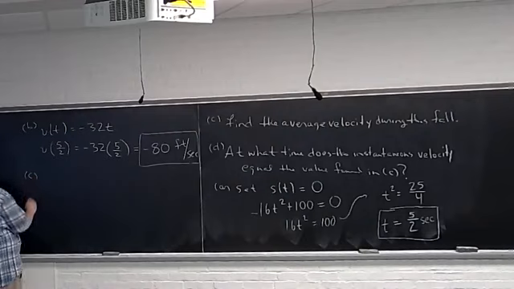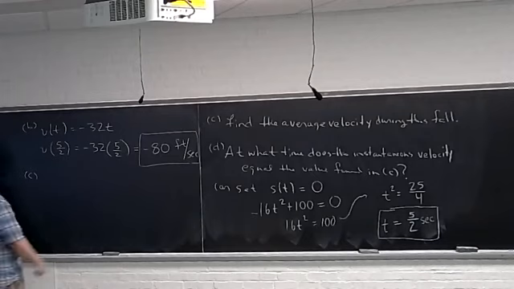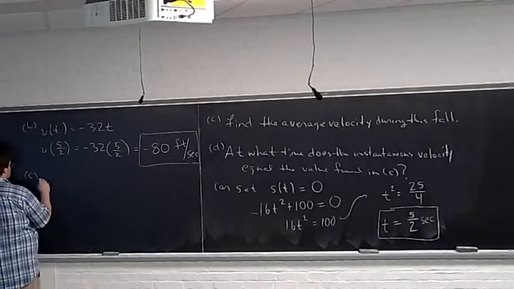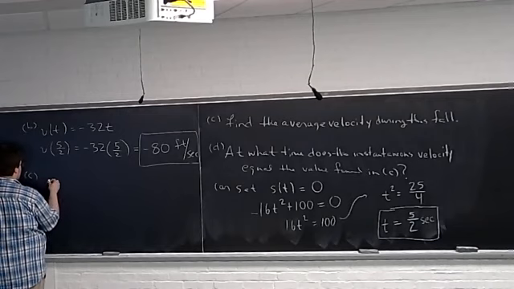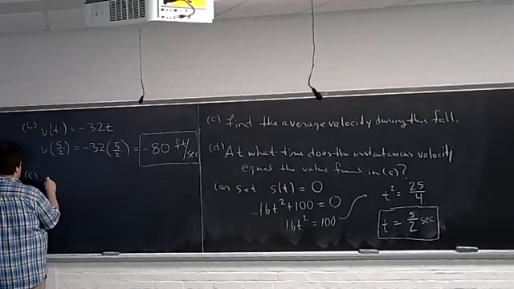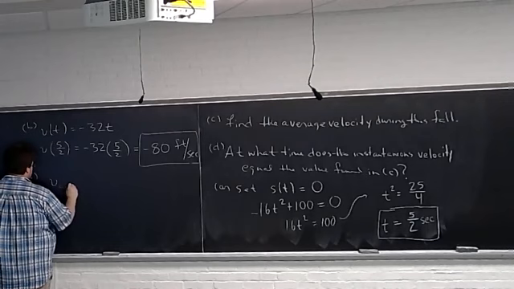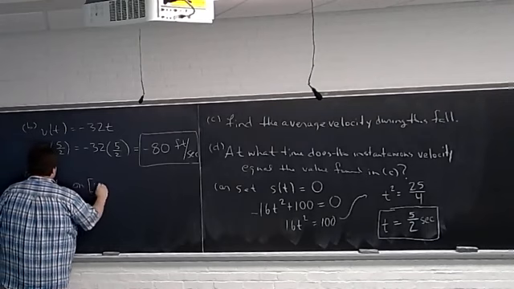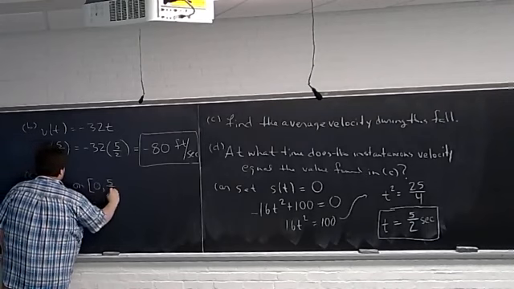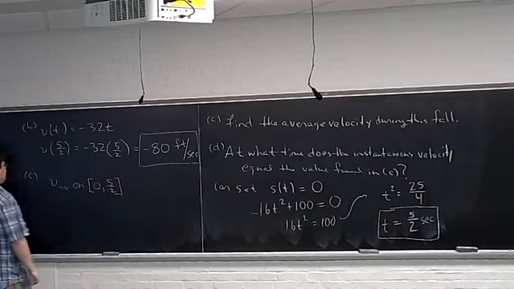Well, the fall starts when the rock is dropped at time 0. It ends at 5/2 seconds. So here we want the average velocity on time interval 0 to 5/2.